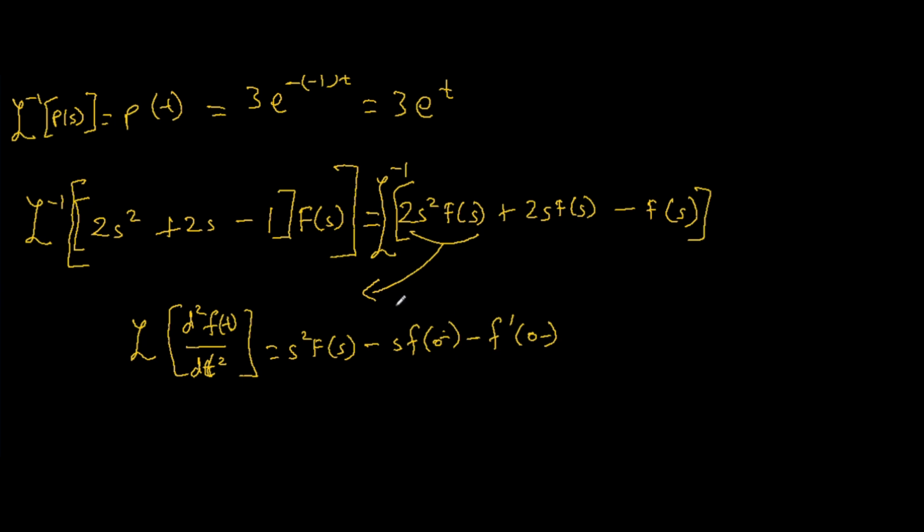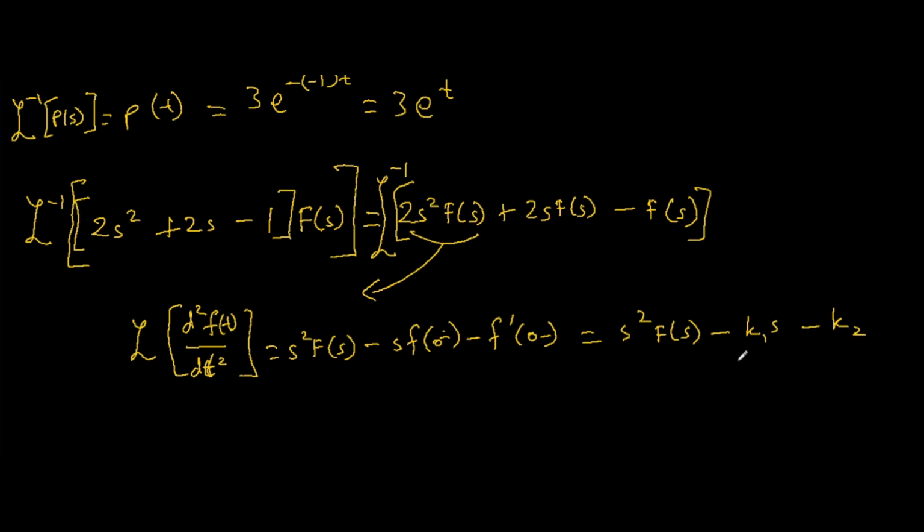Okay, so looking at this expression, take note that your f of 0 is a constant. Your f prime of 0 is also a constant. So this expression here is effectively s squared f of s minus k1 s minus k2, where k1 and k2 are two different constants.